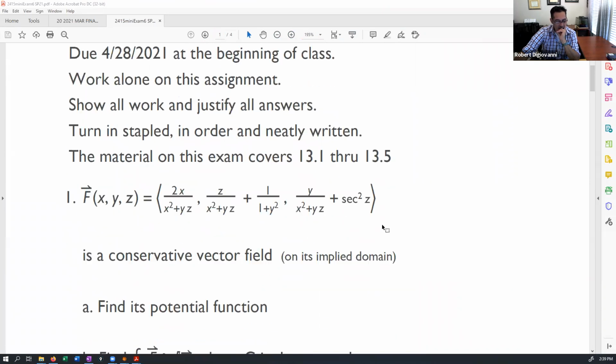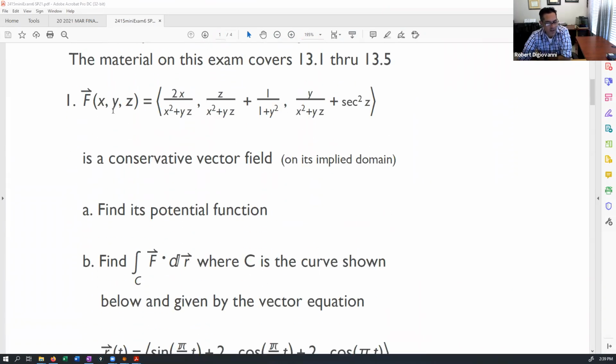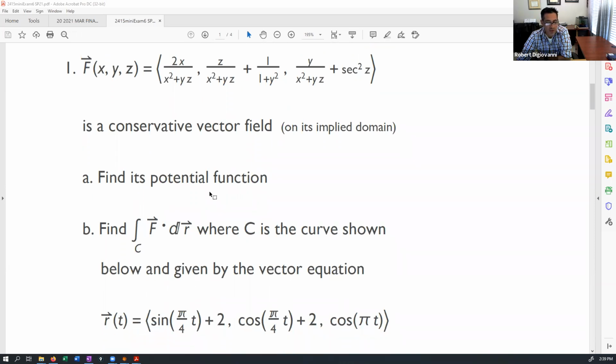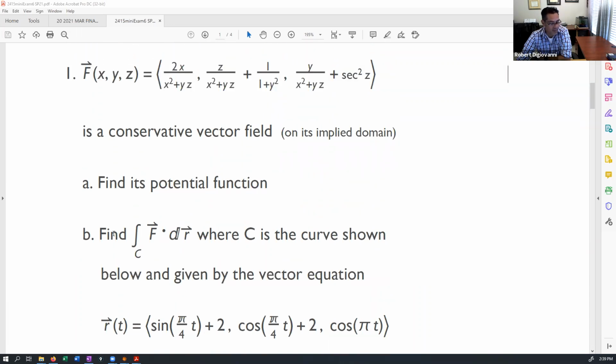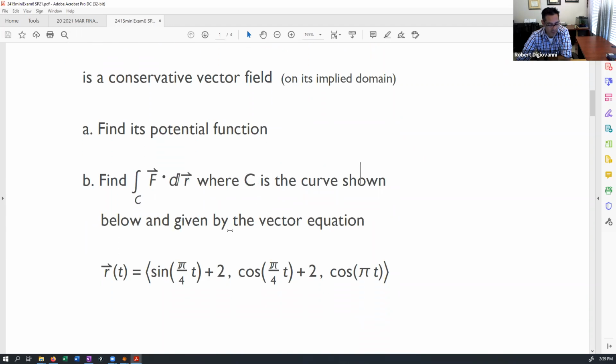The first question is, here's a vector field, and I'm telling you that vector field is conservative. I tell you to find its potential function. Then once you do that, find the work done over that vector field along the curve that I give you.